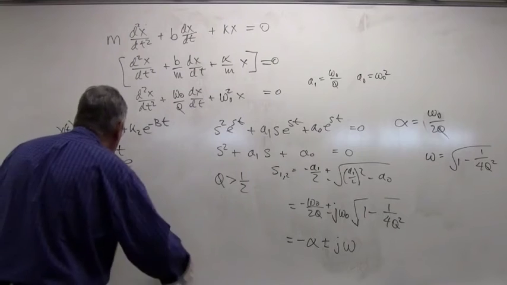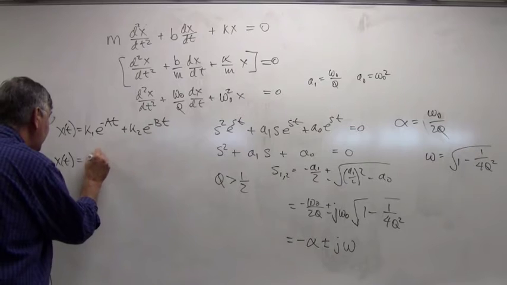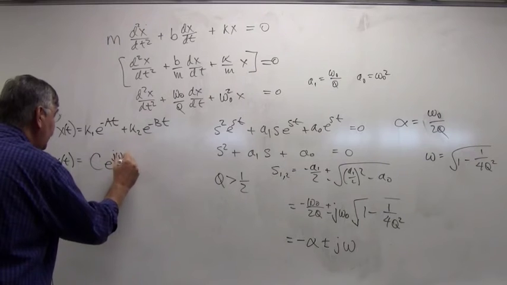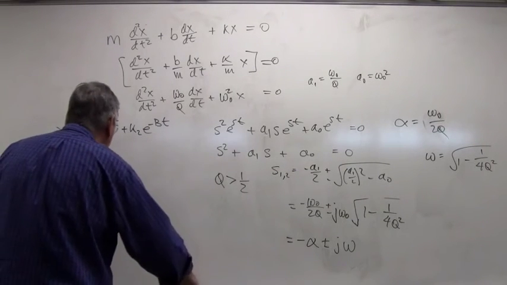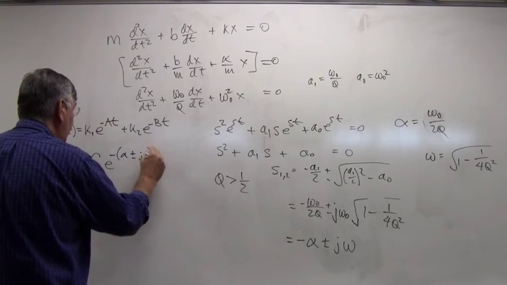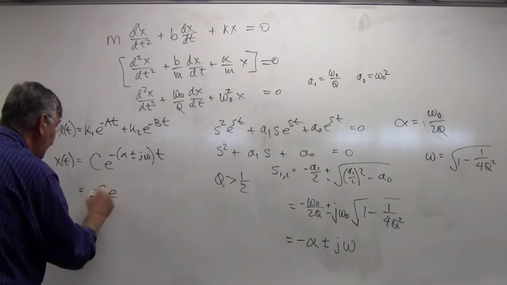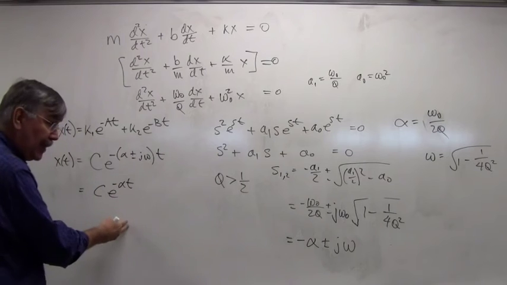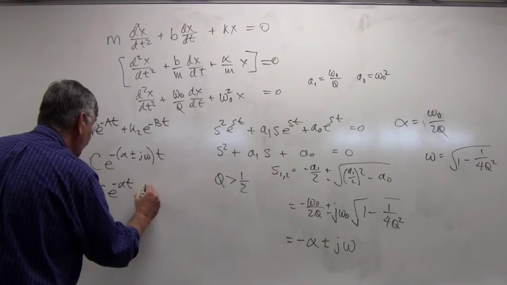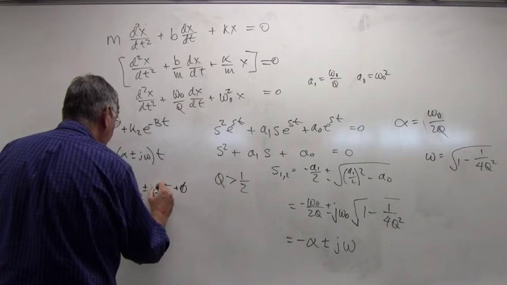Let me start out by writing it as c e to the minus alpha plus or minus j omega times t. We can factor this a little bit into a form that's got c e to the minus alpha t, which is a damped exponential, times e to the plus or minus j omega t plus a phase constant.